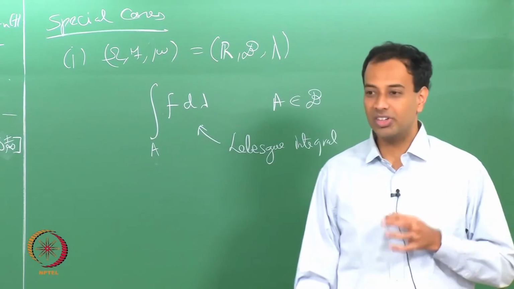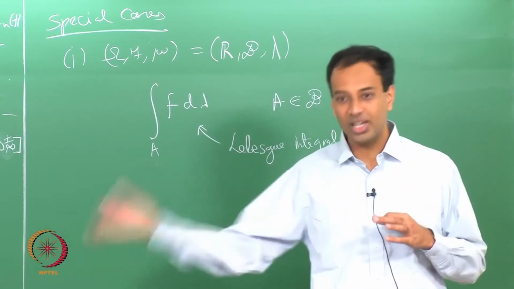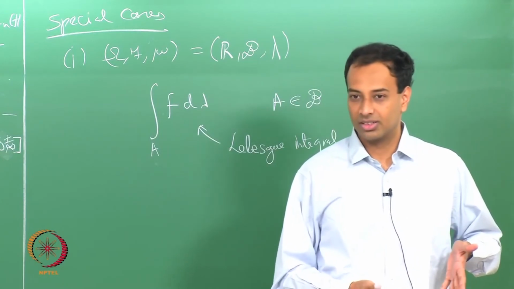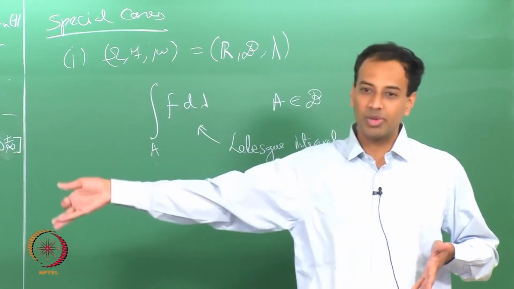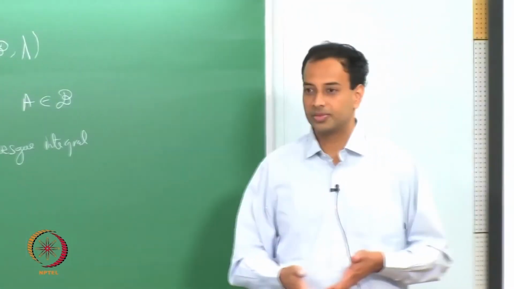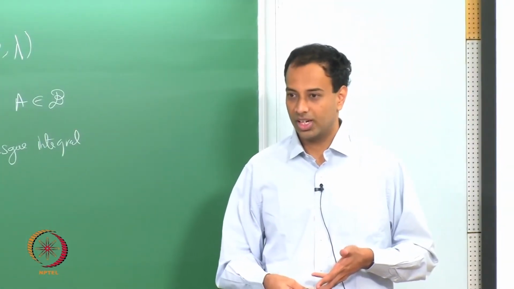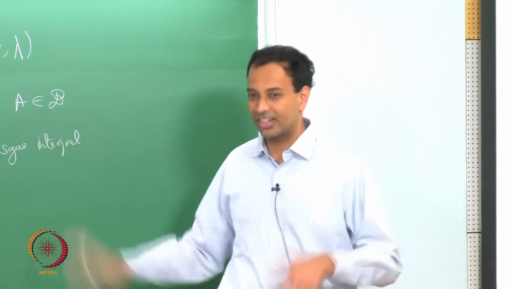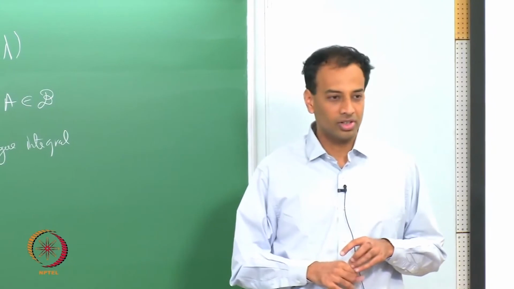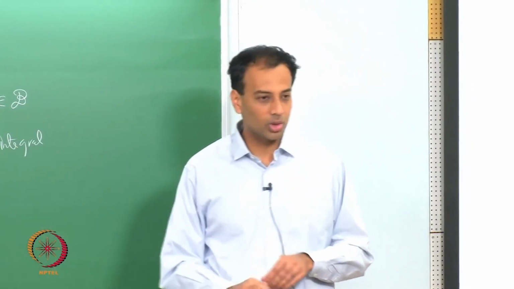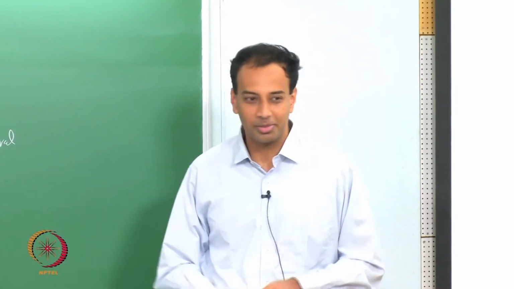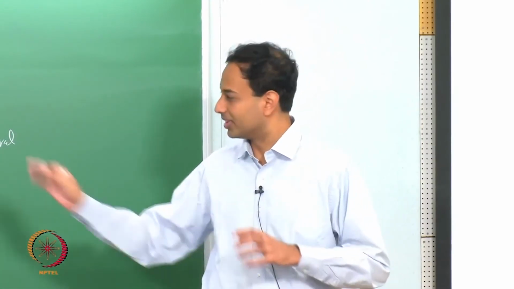But the nice thing is, whenever the Riemann integral exists, the Lebesgue integral always exists. Furthermore, the value of the Riemann integral will be equal to the value of the Lebesgue integral. So, in that sense this is a strictly more general notion of an integral of a function from R to R. I have not told you what it is of course, but I am just building up towards what it is, right.